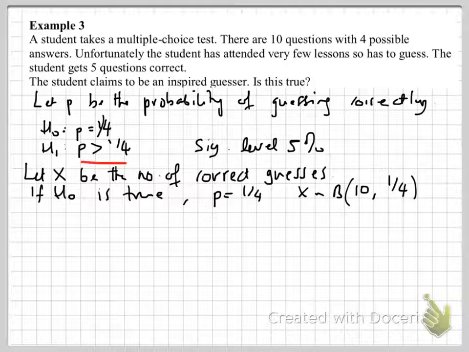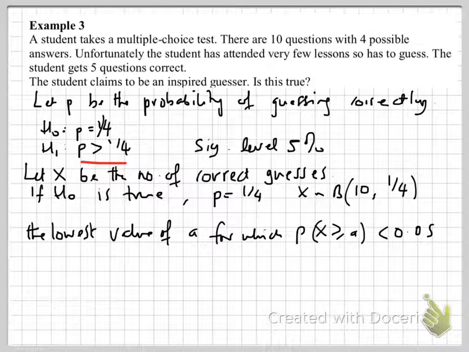So let's define X to be the number of correct guesses, and therefore if H0 is true and P is a quarter, we can establish a binomial distribution where n equals 10 and P equals a quarter. Now in part one we solved this by using the probability regions. This time we're actually going to work out the exact values of those critical regions.